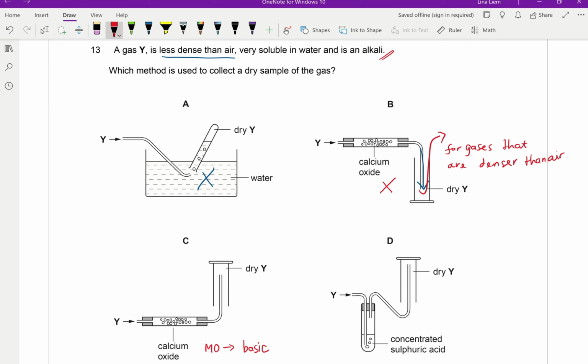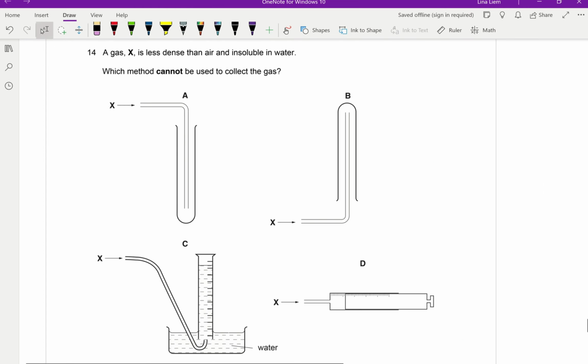They will not react. Base and base, they don't react. So C is the correct answer. D cannot be used because even though concentrated sulfuric acid acts as a dehydrating agent, this will react with the gas because the gas is alkaline. So answer is C.